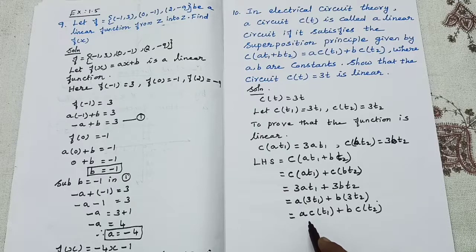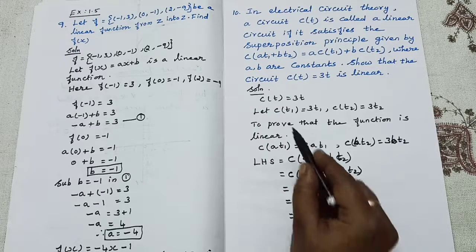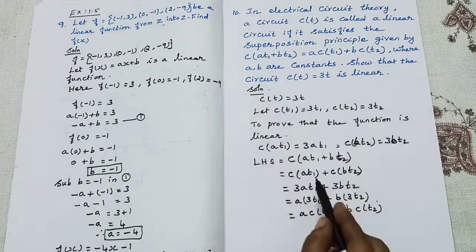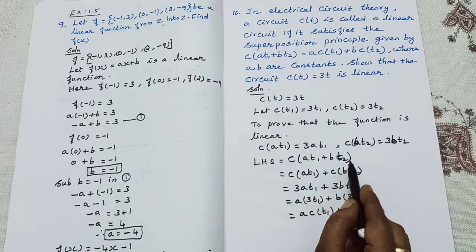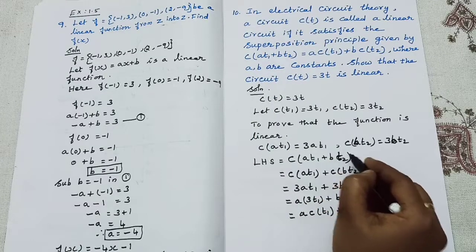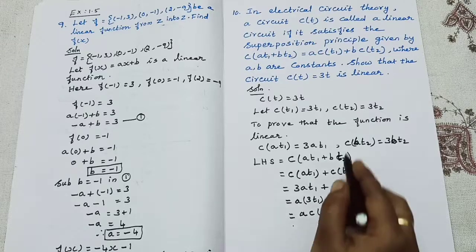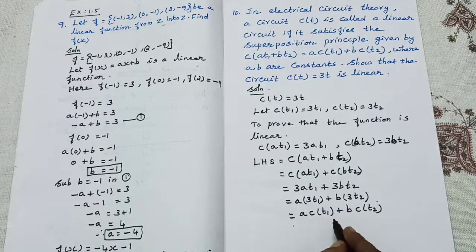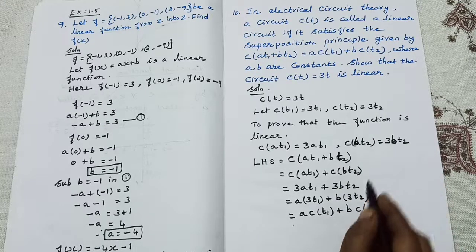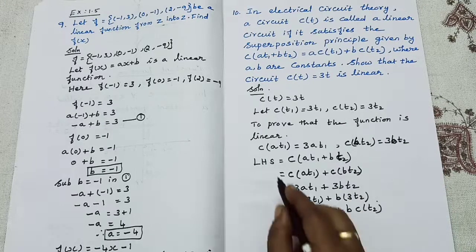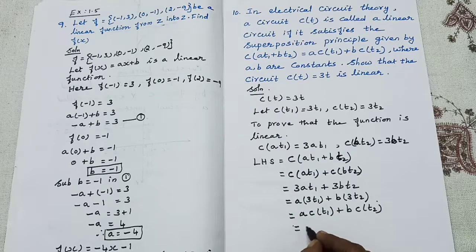Now you check it. The left hand side, we take C of A T1 plus B T2, is equal to, did you get the answer? A C of T1 plus B C of T2. Did you get the right hand side?